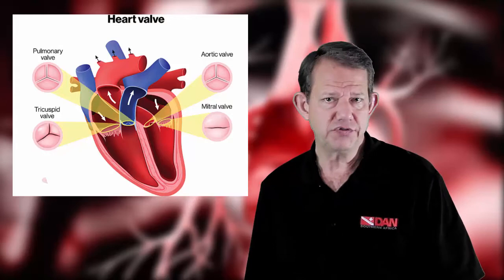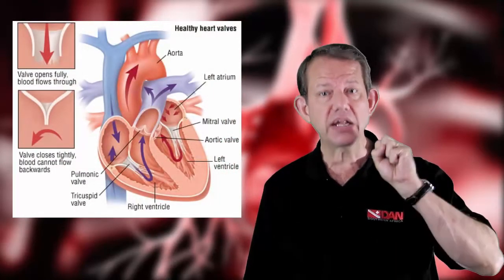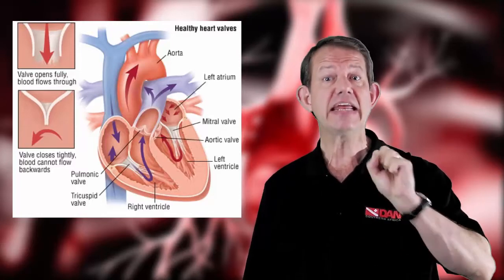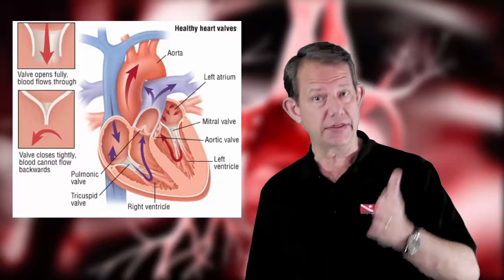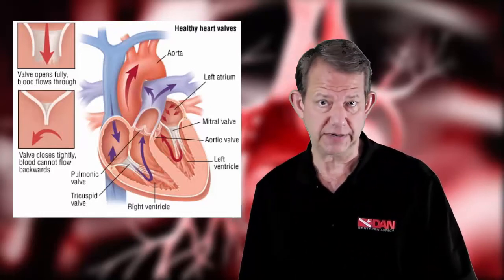Each of the valves consists of a set of flaps or leaflets or cusps, and they open and close to allow for a pulsatile flow of blood in the right direction, either towards the lungs or towards the rest of the body.